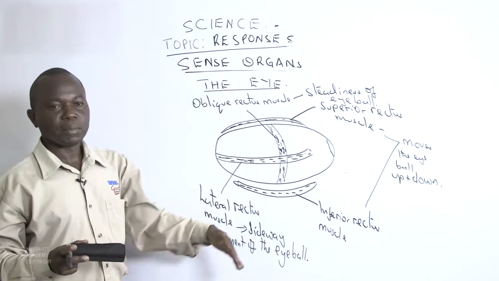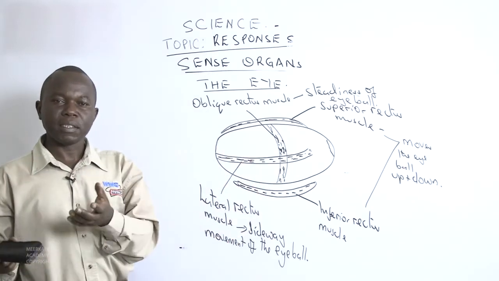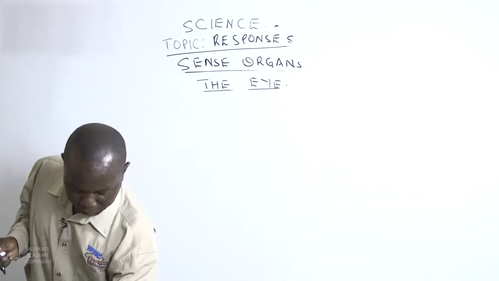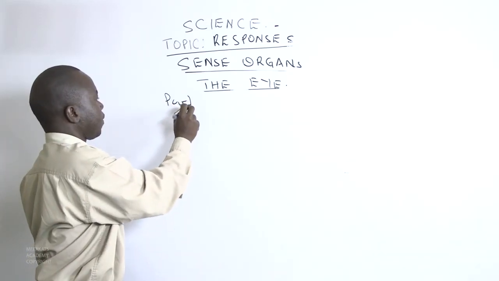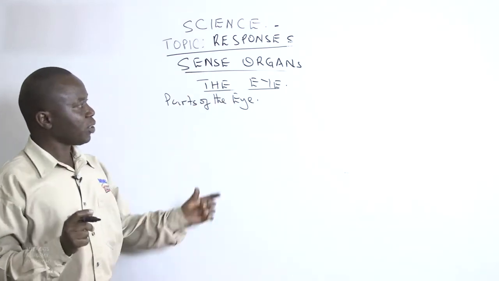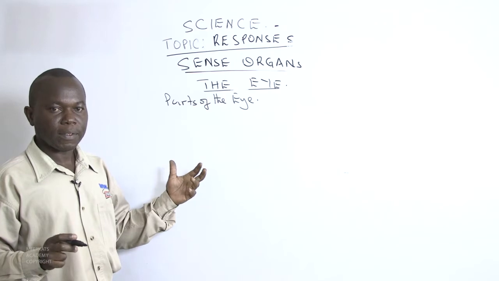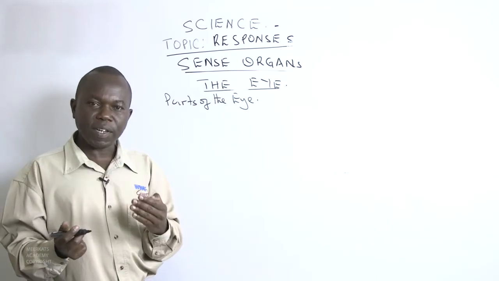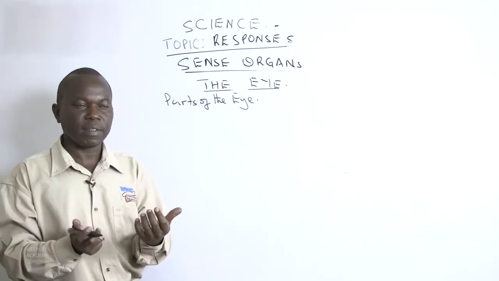So we are looking at this because the eye does not just function as an independent entity. It also depends on other structures around it. So, parts of the eye. For us to understand how the eye functions, we need to understand the parts of the eye so that we can comprehend very well how the eye is going to receive light, perceive and distinguish objects around ourselves.